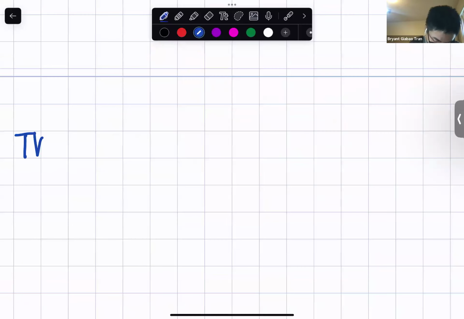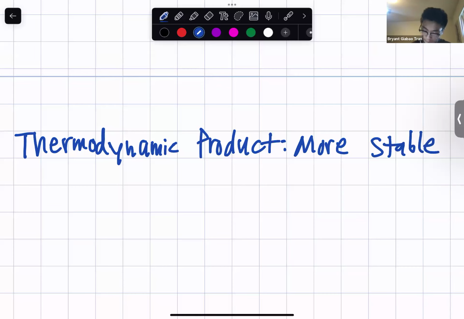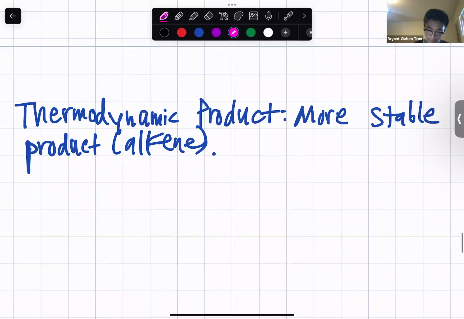So a thermodynamic product will give you a more stable product, which could be in the form of an alkene, a more stable alkene. Right?